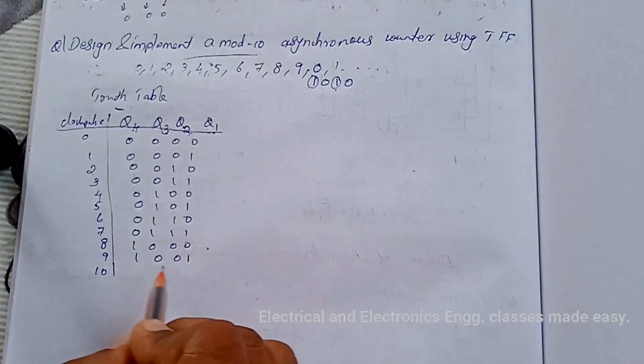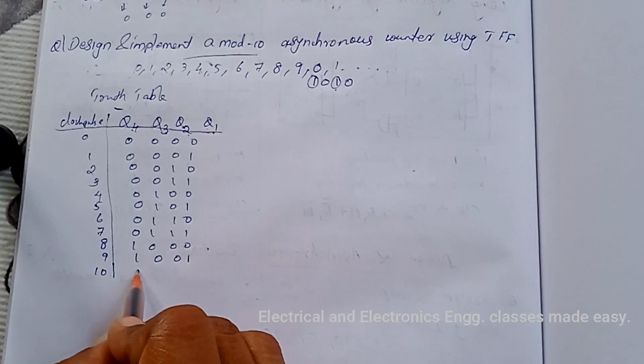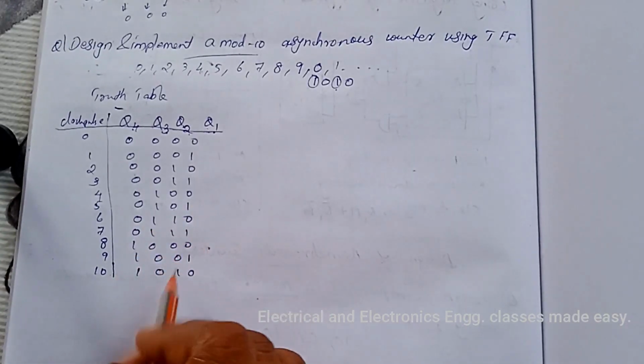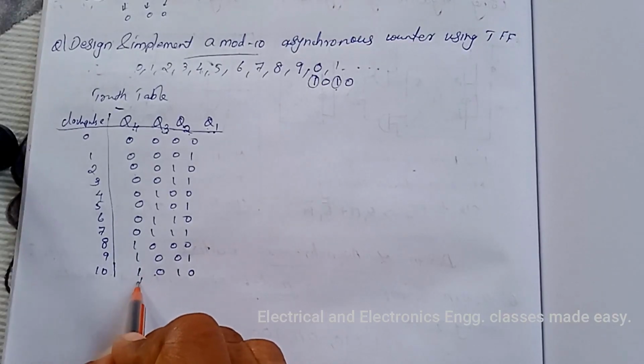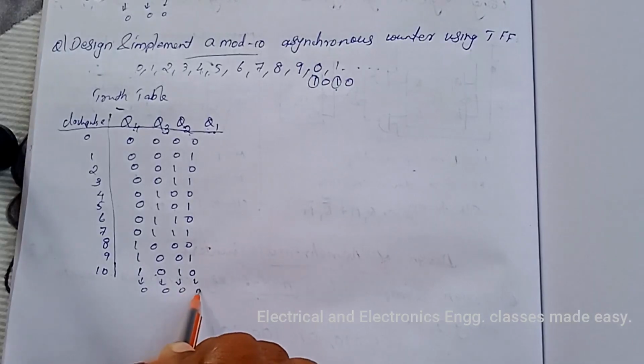After the 9th clock, that is when the 10th clock pulse is applied, it is 1010. We have to reset this value to 0, 0, 0, 0. So that is the design we have to do here.